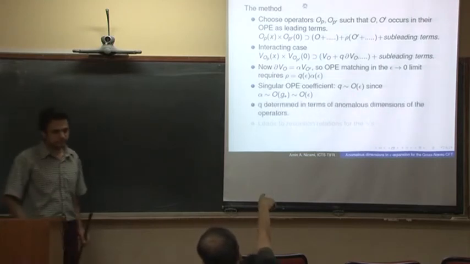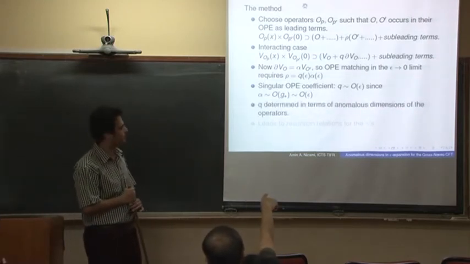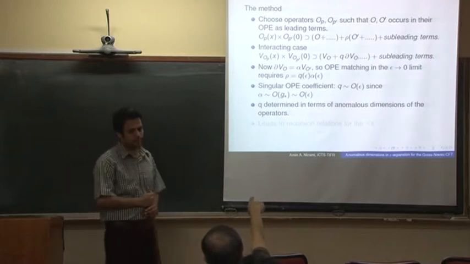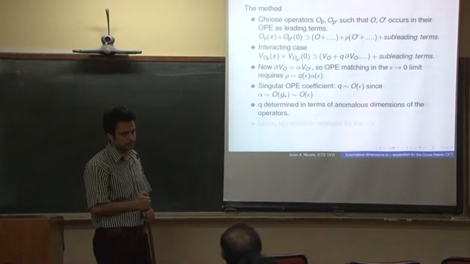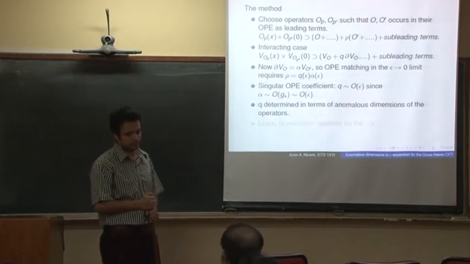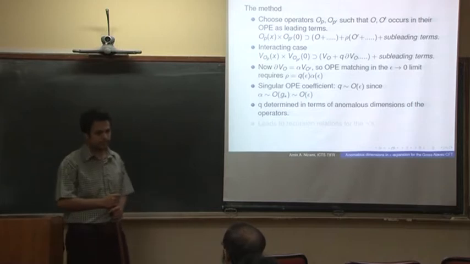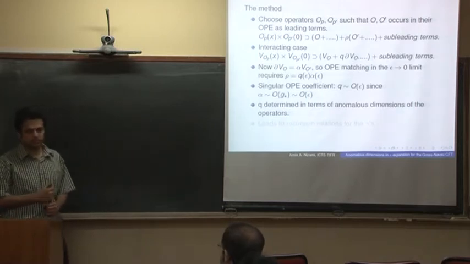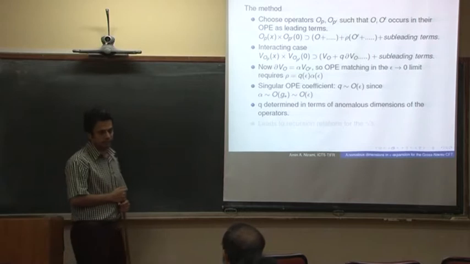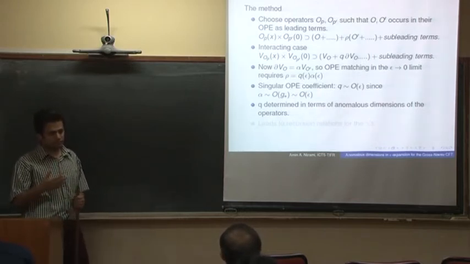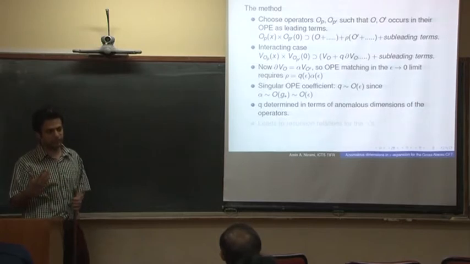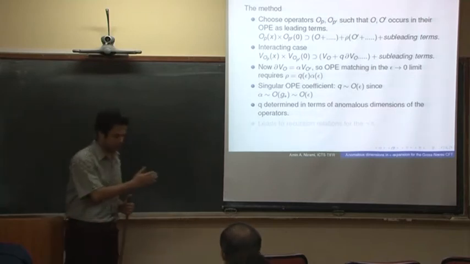But this equation of motion relation between VO and VO prime, through this derivative, is it supposed to be exact in epsilon, or is it true only at leading order? No, that is supposed to be exact. We will use it for the renormalized operators in the interacting theory. This is just like the Schwinger-Dyson equation of motion, which is where it comes from.